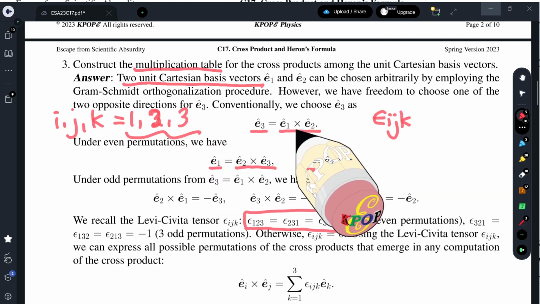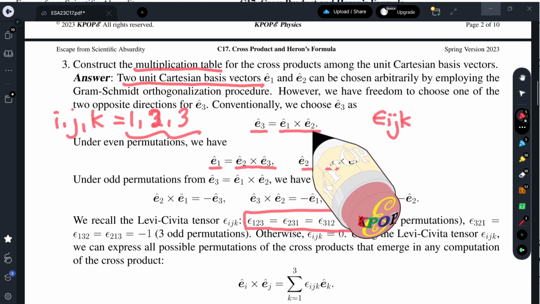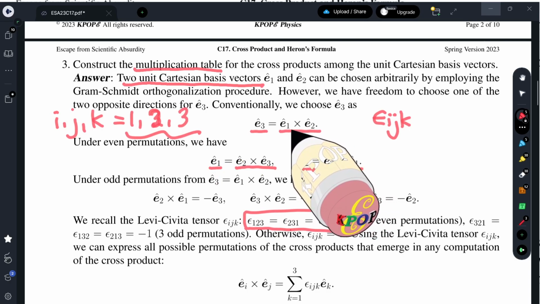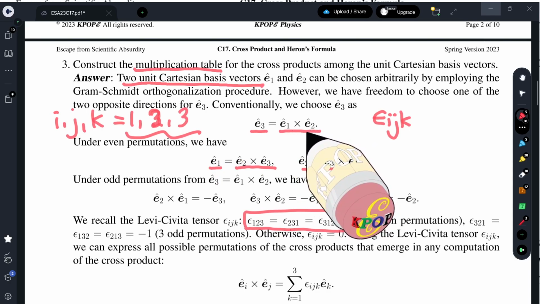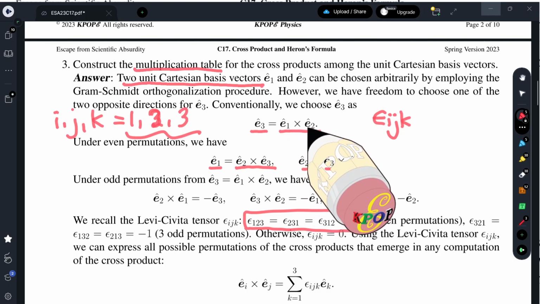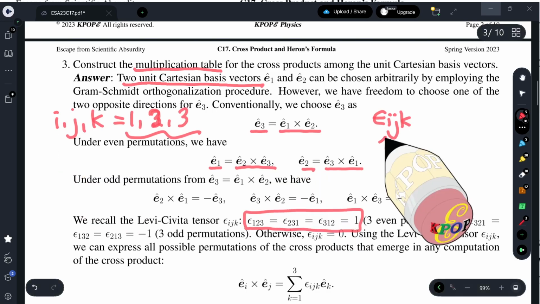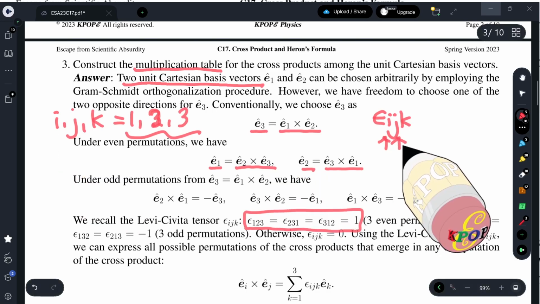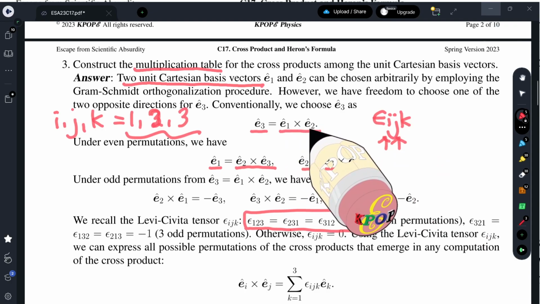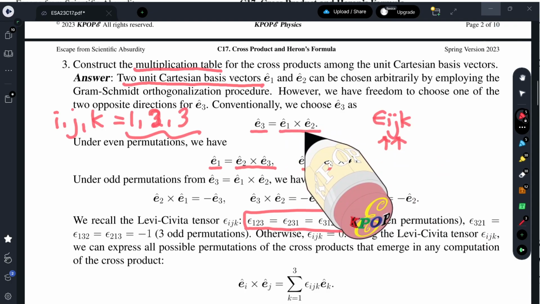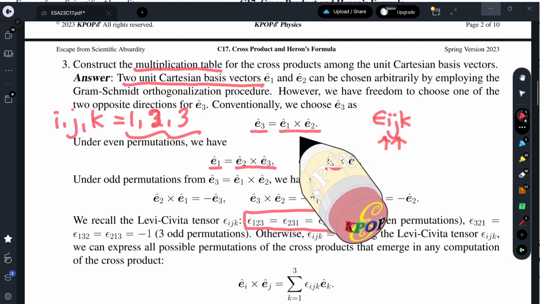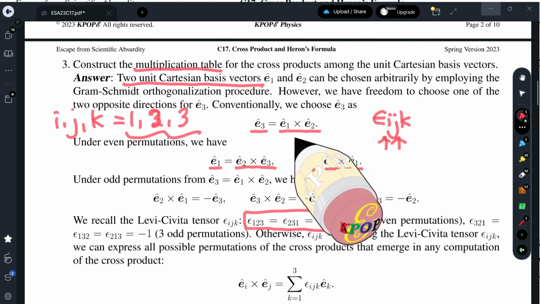And in here, the cross product vanishes if they are either parallel or anti-parallel. Therefore, these two must be different. So we have to choose the first two indices to be different. If it is not the case, this value equals 0.